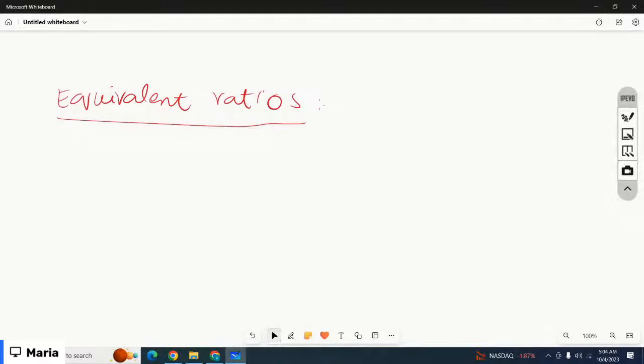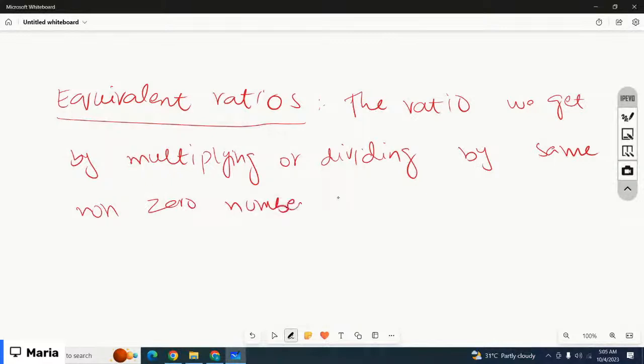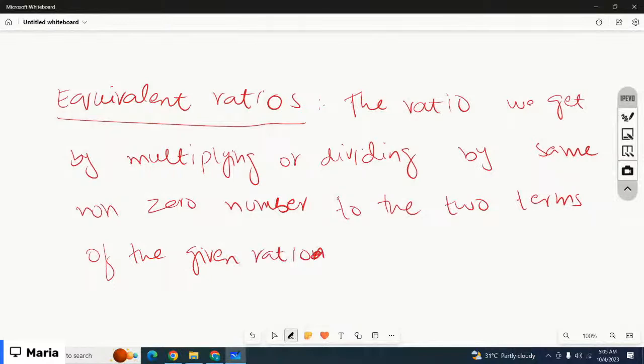The ratio which we get by multiplying or dividing the two terms of the given ratio by the same non-zero number is called an equivalent ratio, right?